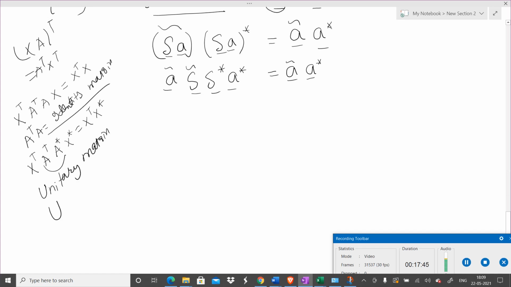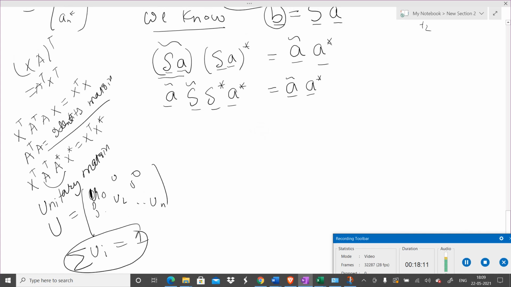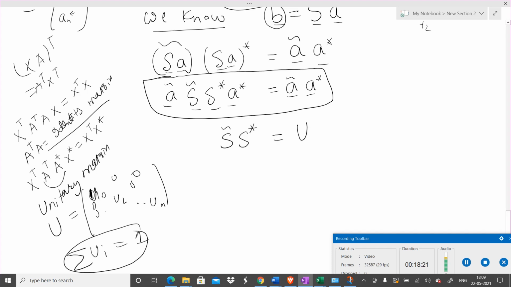The property of a unitary matrix is, suppose this is a unitary matrix, its non-diagonal elements are all 0 and its diagonal elements have some values u1, u2, un, and the sum of diagonal elements is 1.